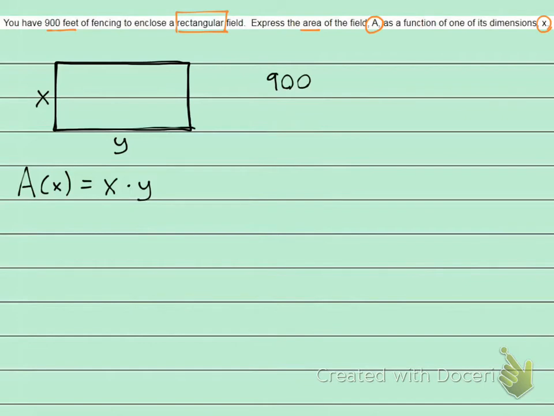So we need to figure out something to put in the place of the y. We're going to use the other thing that they give us, and that's the perimeter. They tell us that we have 900 feet of fencing.